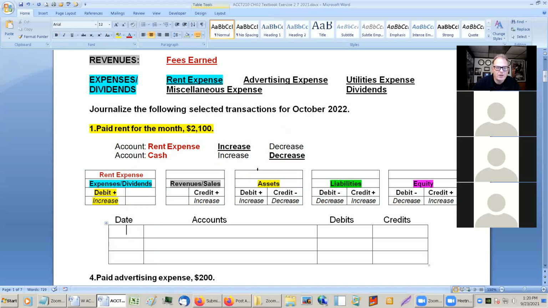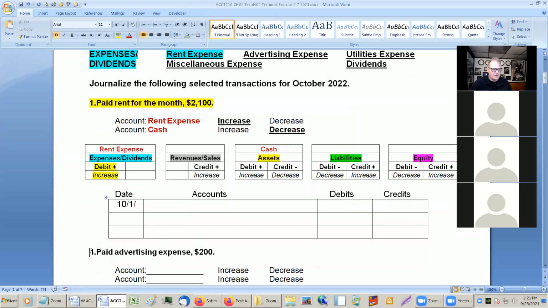So coming down, let's put these in here. It's cash. October 1st, I guess it says.